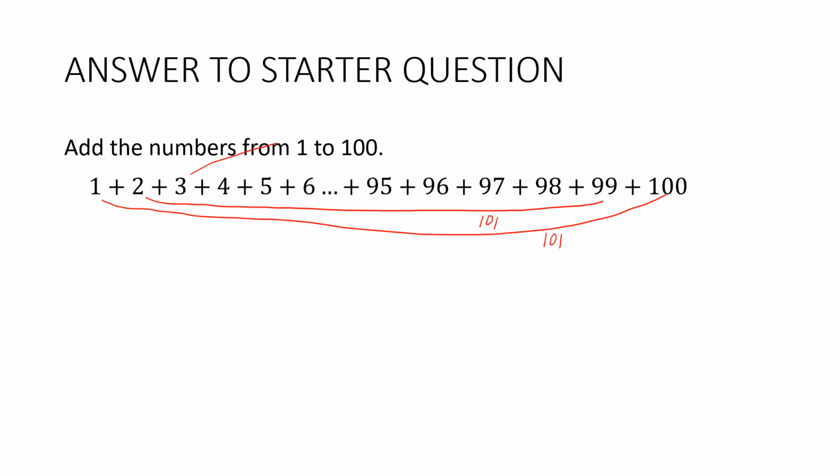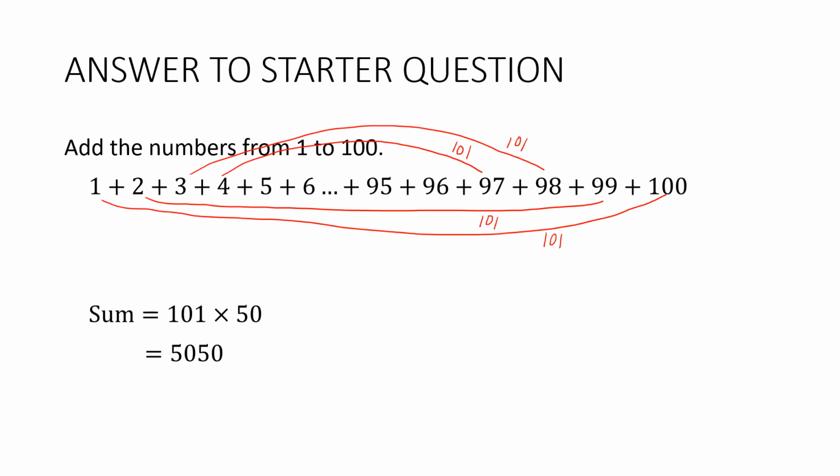How about 3 and 98? Yep, 101. And 4 and 97? Again, 101. In fact, all the way right to the middle, all of those pairs of numbers are going to add to 101. And there are 50 pairs of numbers. So the sum is simply going to be 101 times 50, which is 5050.